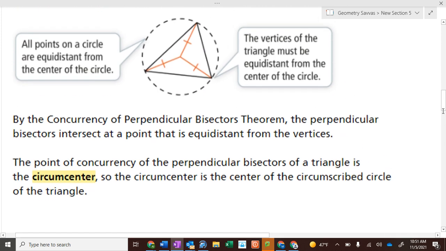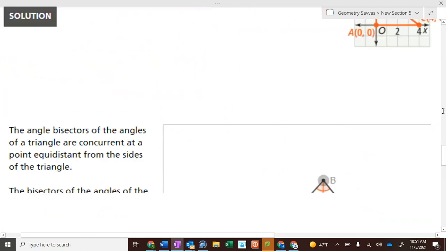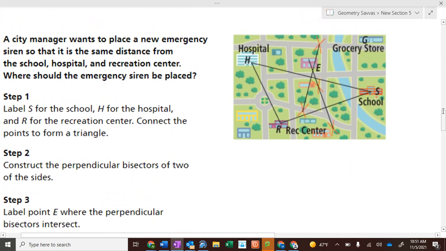Okay, so if we look at this next picture, we have a hospital, a school, and a rec center. And they want to put an emergency siren so it's the same distance away from the rec center, the hospital, and the school. Where should it go? In the middle of here?